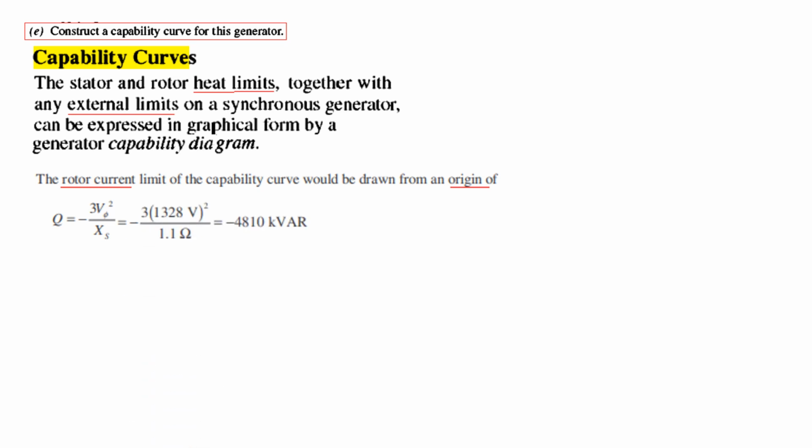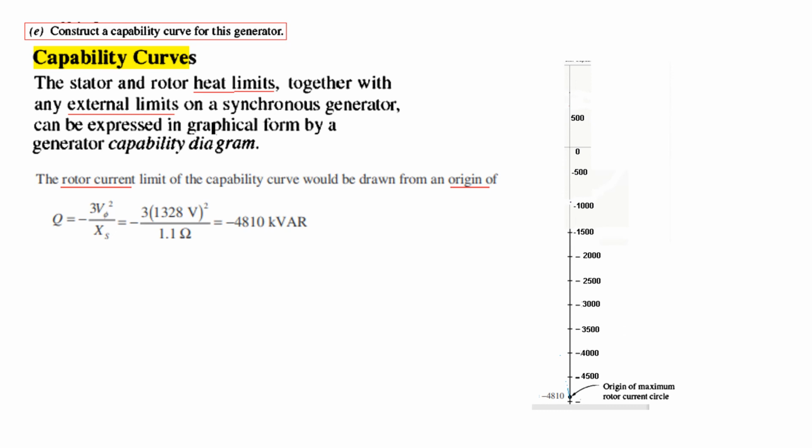Next, all the values we have calculated, so we can calculate this. So this is negative 4810 kVAr. Remember, this is the origin point. And so if we have a vertical scale like this, we come down from 0 to minus 4810. So this is the origin of the rotor current circle.